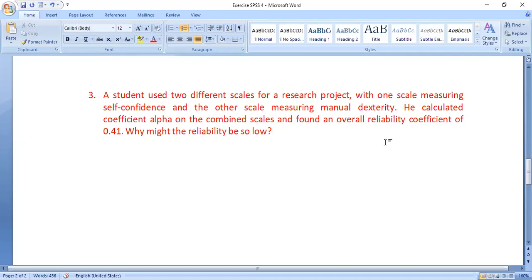How much pain they take, how much labor they put in. So the two scales of self-confidence and manual dexterity are not similar, and therefore if coefficient alpha comes to be 0.41, which is very poor, it's okay. There's no problem with it, because we have taken two different scales which are quite different, not measuring the same thing. So that is the answer for question 3.